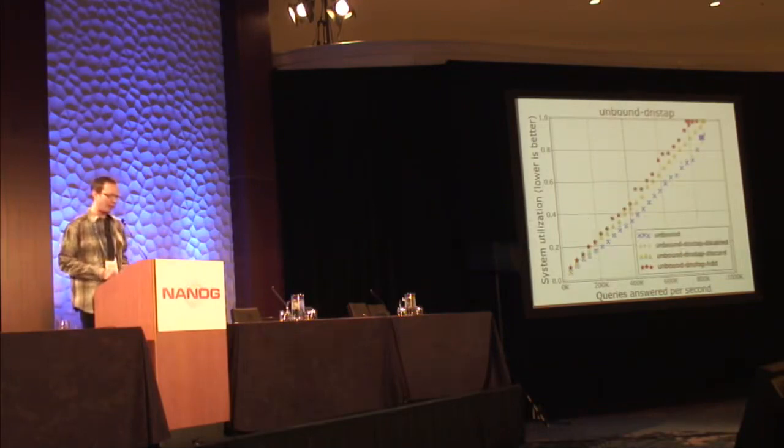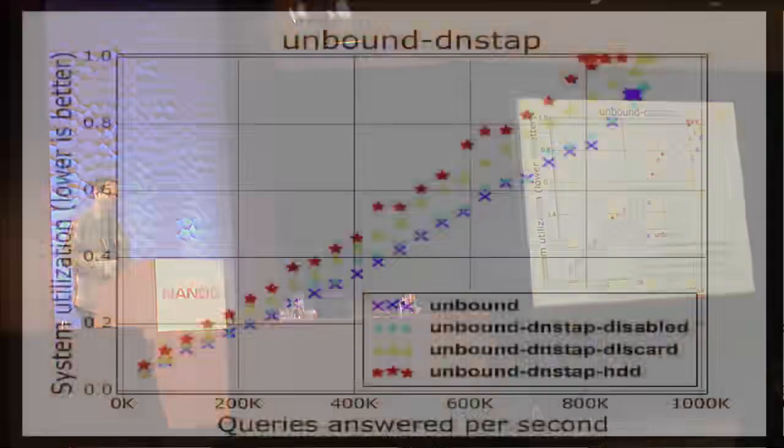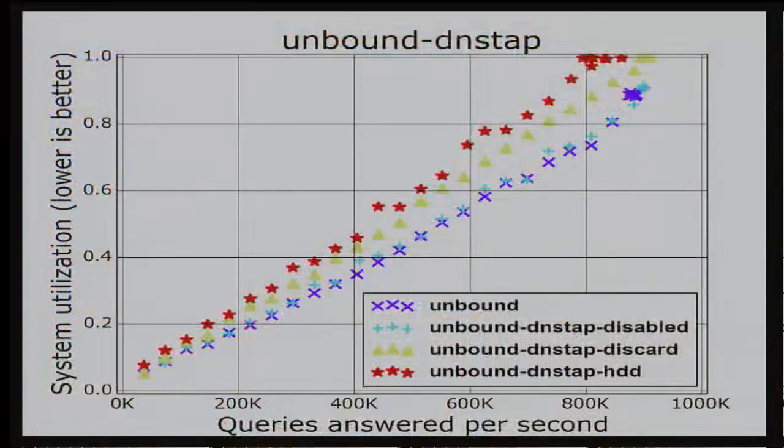Here's our plot for unbound, the dnstap branch. We added dnstap support. The purple plot is the original baseline, and then the sort of teal colored is very close to it. That's with dnstap compiled in but disabled. And then the one right above that is compiled in and enabled, but discarding all of the log messages that are being generated.